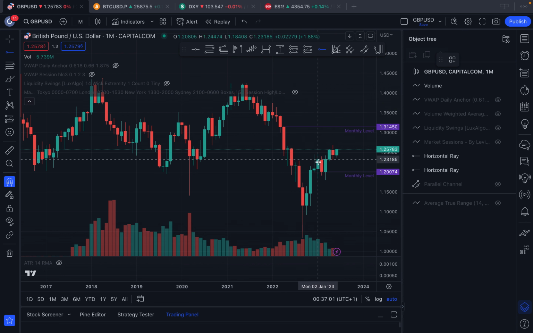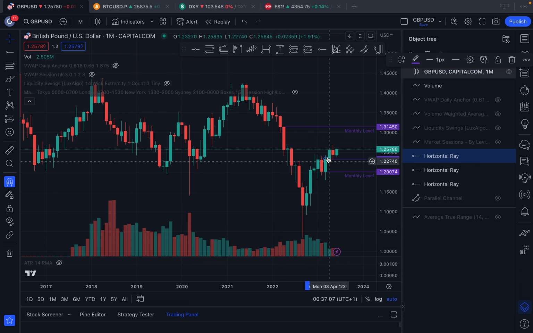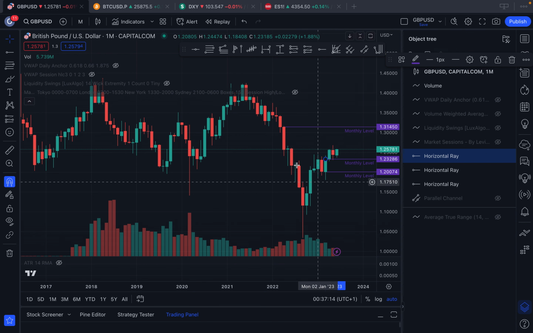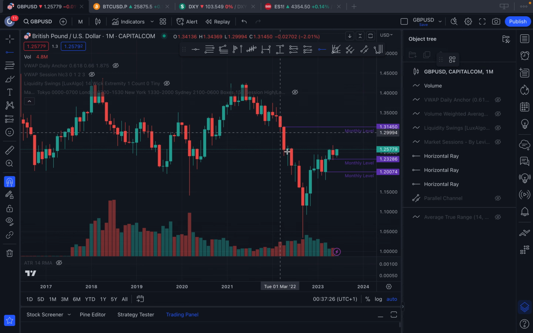You can see it was resistance, resistance, resistance, and turned into support. So we definitely should mark that one out as well. And we've got this one here as well, to be honest. We haven't really closed anything above it, so I think that's probably worth marking too.